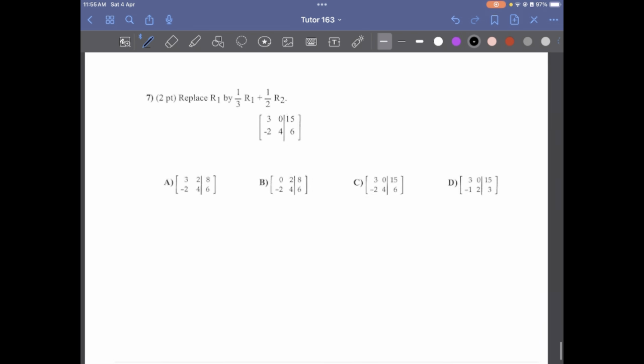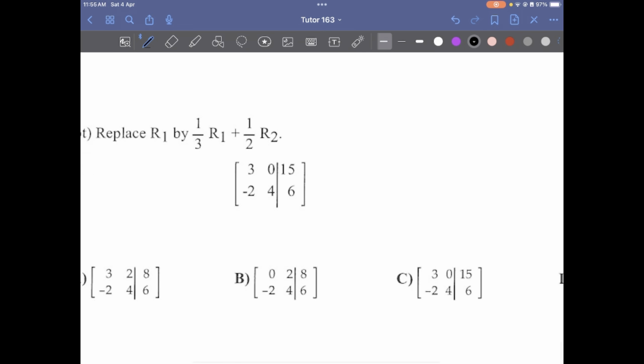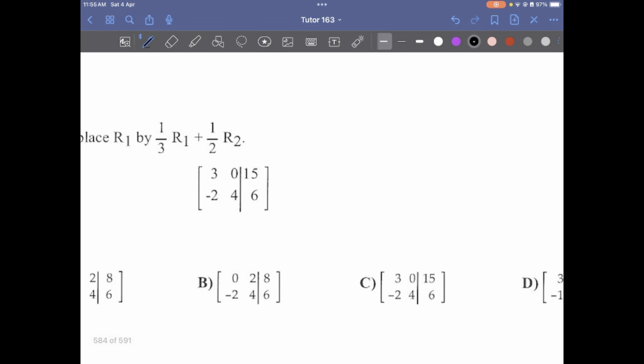Okay. Replace R1 by 1/3 R1 plus half R2. So replace R1 by 1/3 R1. So we multiply R1 by 1/3, and then add in half of R2. So 3/3 is equal to 1. 0/3 is equal to 0. 15/3 is equal to 5. So now we have 1, 0, 5, right? Now, we add in half of R2.